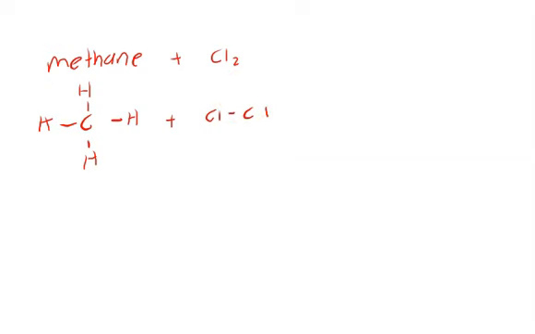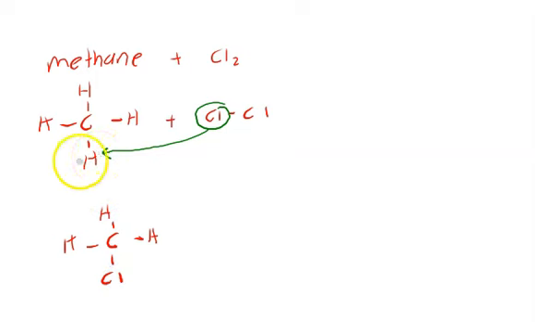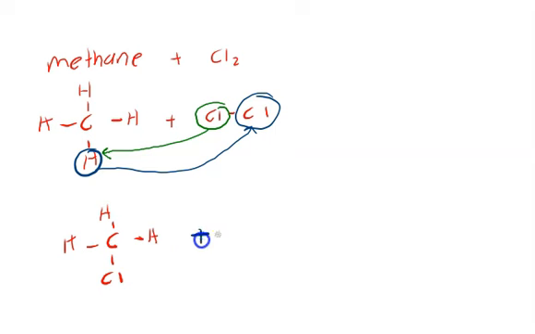Under the influence of UV light, this chlorine will replace the hydrogen here. While the hydrogen is free, this hydrogen will go and combine with the chlorine over here, ending up producing hydrogen halide. So these are the two products.